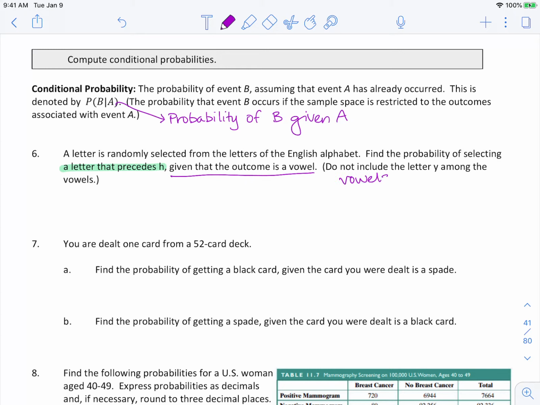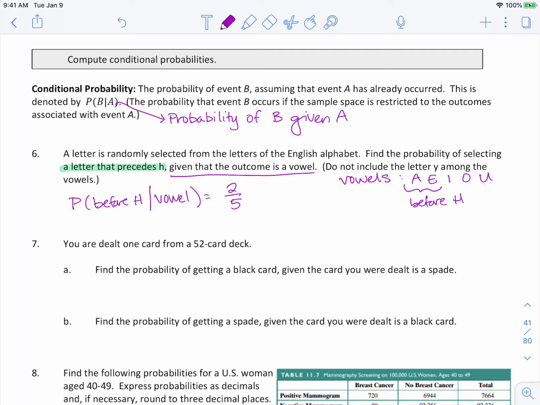Our vowels are A, E, I, O, and U. And we know that A and E come before H. So the probability that our letter precedes H, given that it's a vowel, is 2 out of 5.